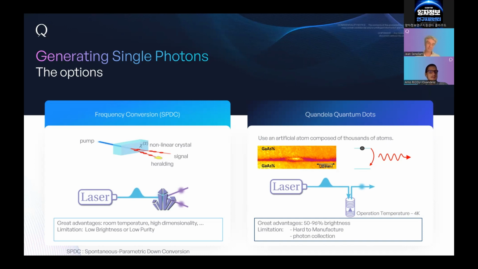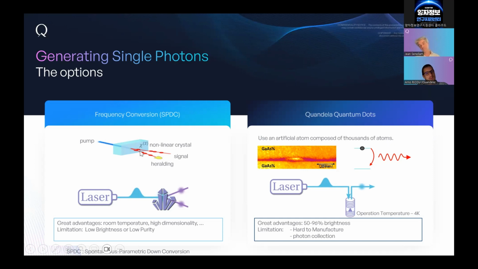So it's a method where we have a nonlinear crystal that is being shined by an attenuated laser. And by doing so, we can show that you will get at the output, with some probability, two photons.